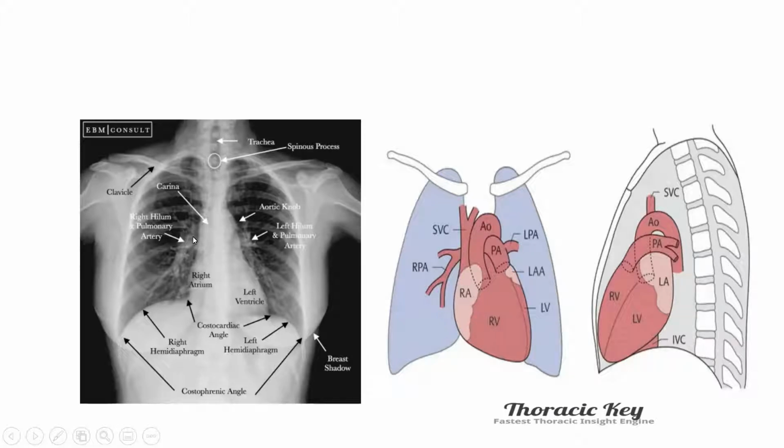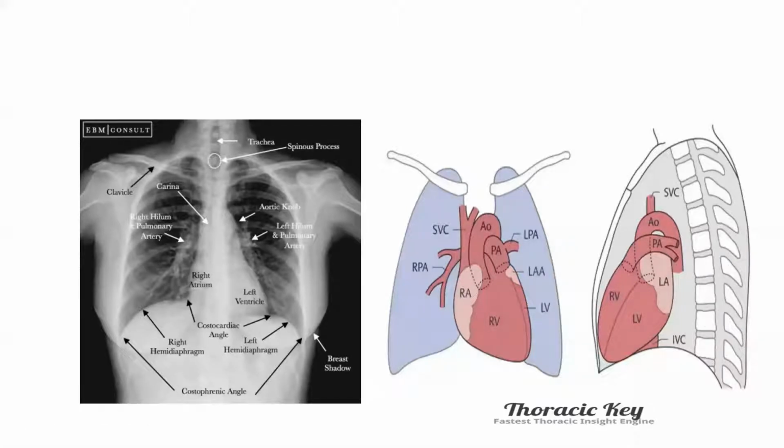Now, this is the hilum, right and left hilum. Then we come to the left border: the aortic knob, here is the pulmonary artery, maybe the LA appendage comes here, and the left ventricle. The right border: here is the SVC and the right atrium.